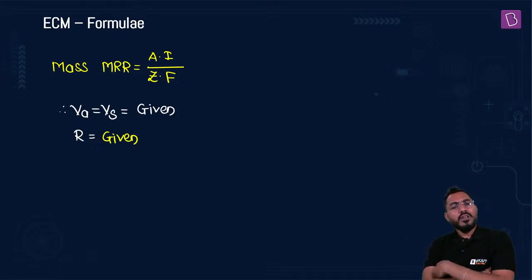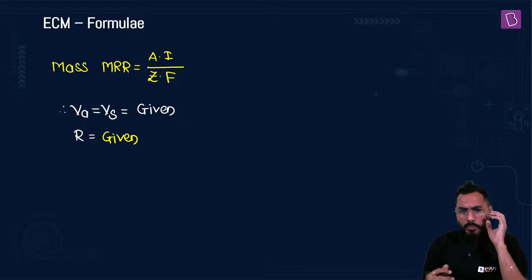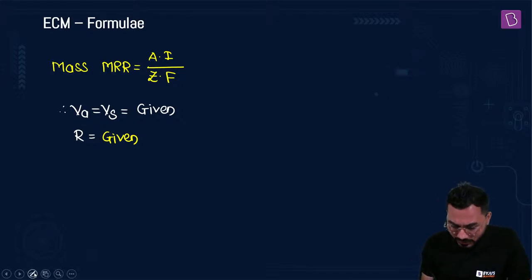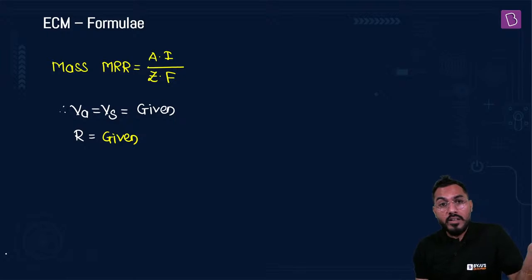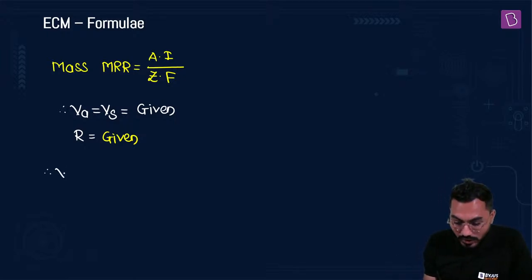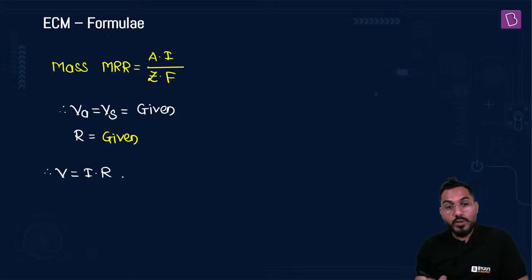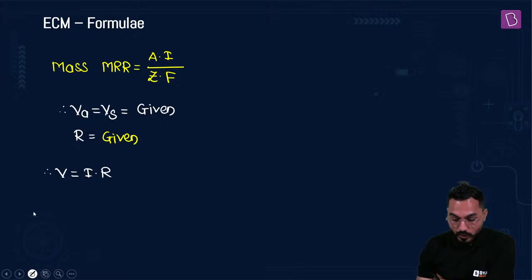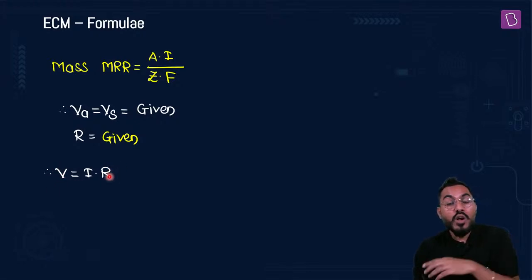Now, sir, don't worry. We can still solve the problem, because there is a relation between voltage, current and resistance. There is a standard relation which is in the blood. Since childhood we understand that V is exactly equal to IR. V is the potential difference, equal to current into resistance R. So if the potential, the applied or supplied voltage, is given to you, and resistance is given to you, nothing to worry.